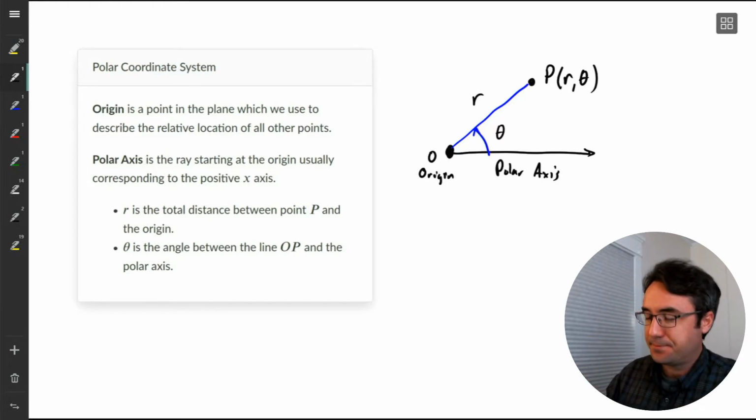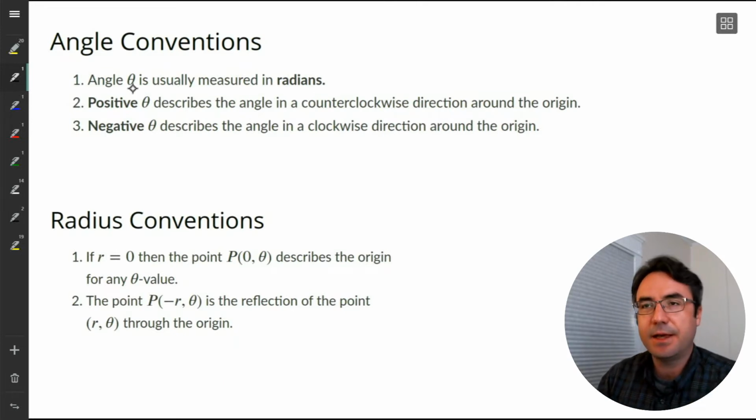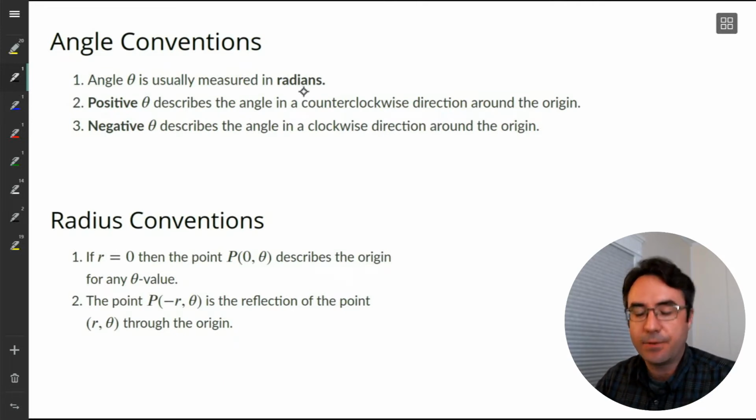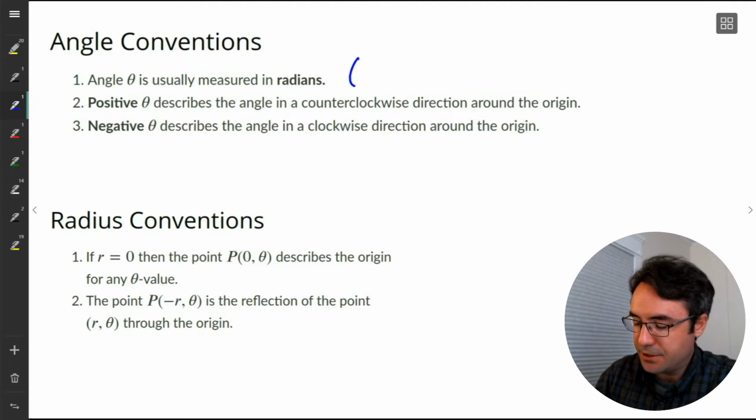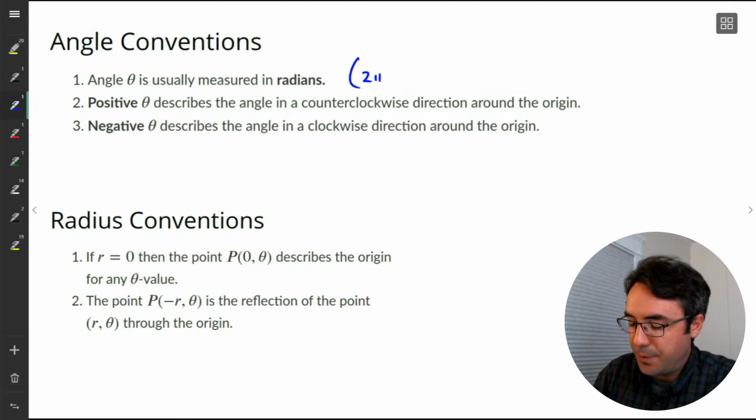All right. So just a few conventions before we get really started using these. When we talk about the angle theta, we're usually talking in radians. And just keep in mind, we're dealing with circles, so there are 2 pi radians in a complete circle.